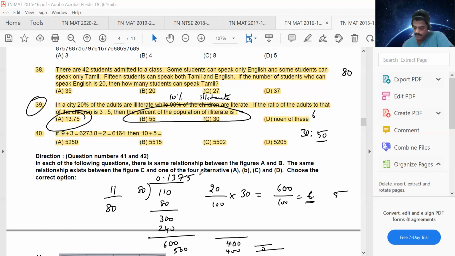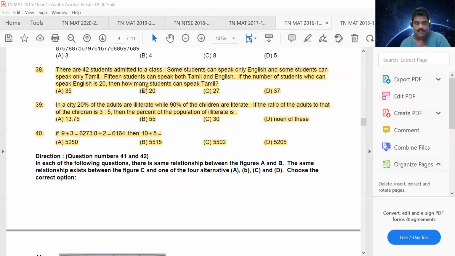So 0.1375, when converted into percentage, will become your 13.75 answer, right? Very simple. You have to assume parts. I took 30 and 50 instead of 300, 500 because if I take 300, 500, it becomes bigger. So assume parts and do it. In particular questions, you should be careful. I have already discussed this in part 1 also. Right, moving on to the next one.